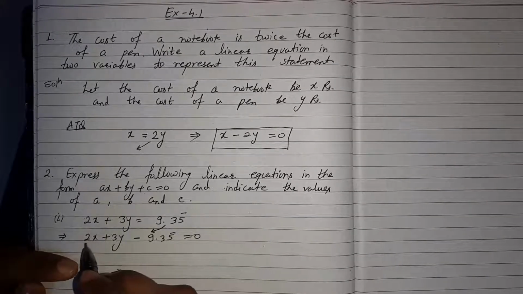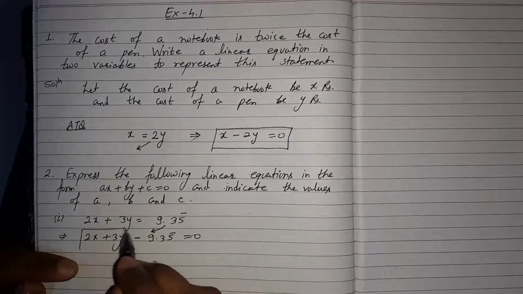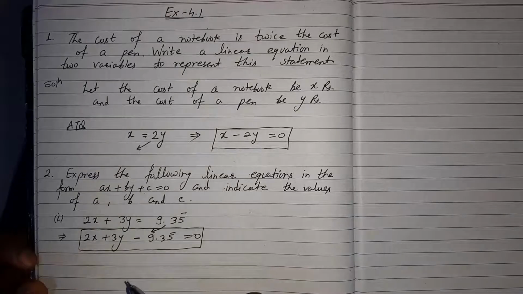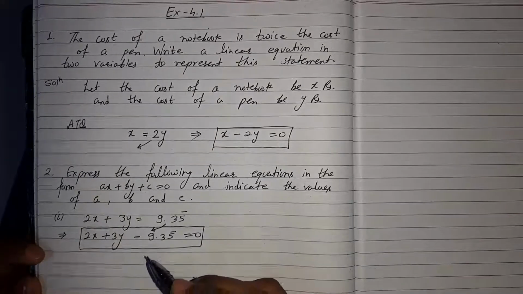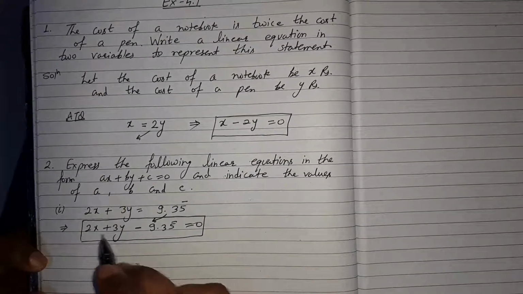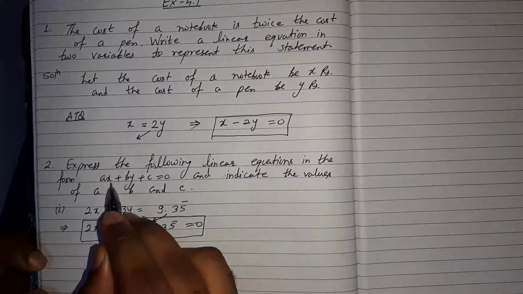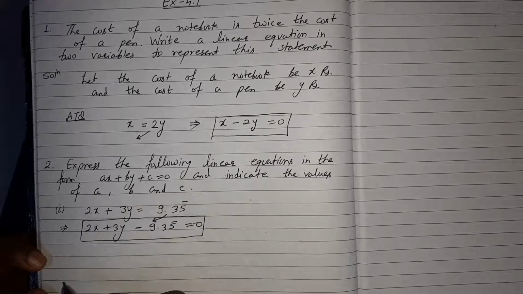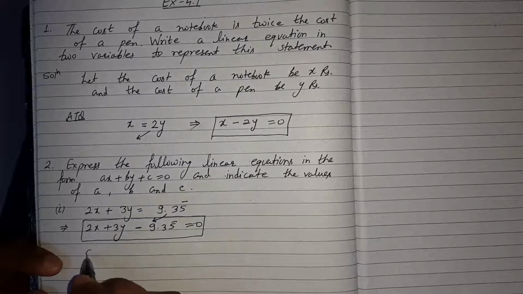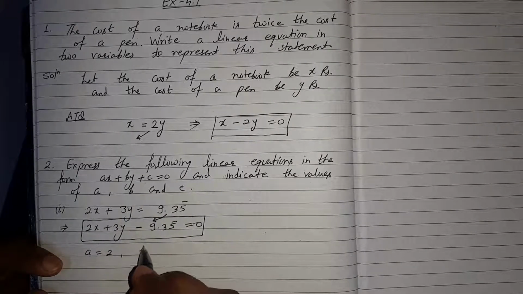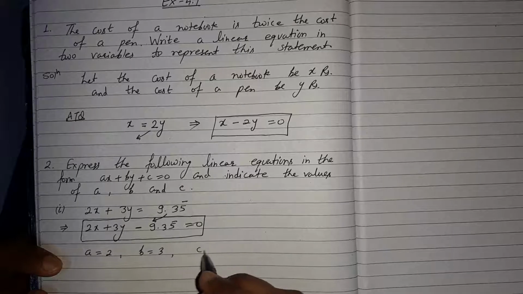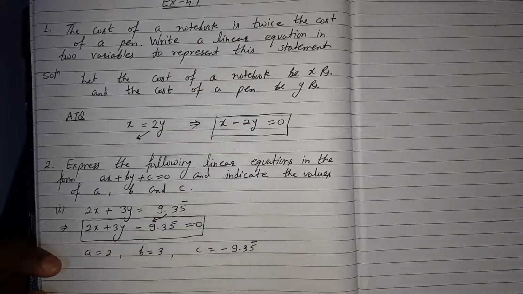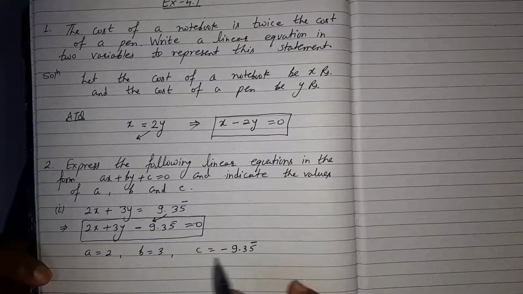Comparing with the standard form ax plus by plus c is equal to 0, the value of a will be 2, the value of b will be 3 and the value of c will be minus 9.35 bar. I think this is clear.